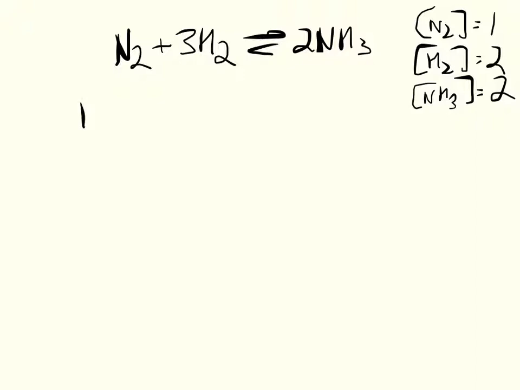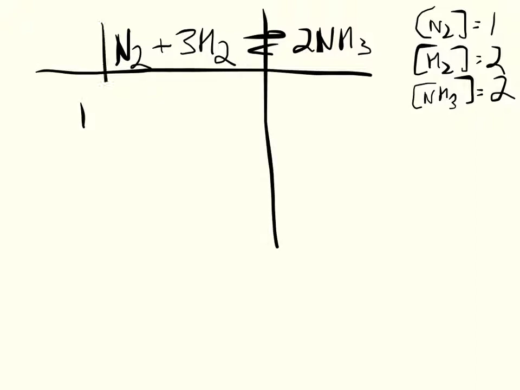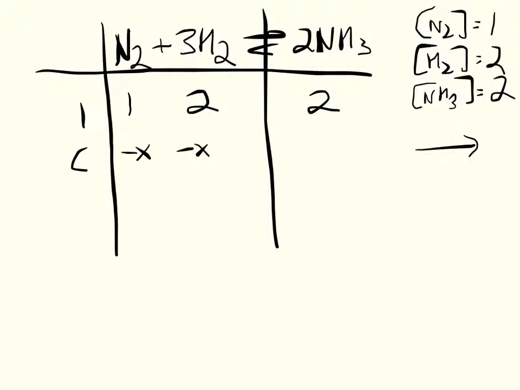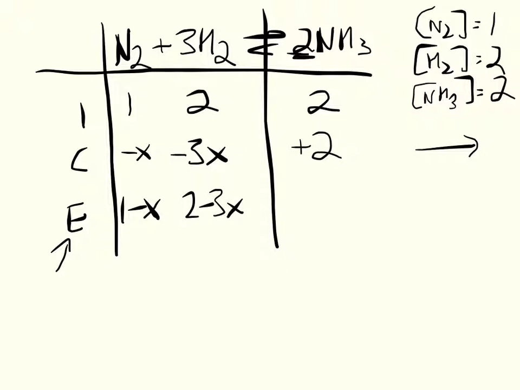We know the initial concentrations are 1, 2, and 2. How much are they going to change by? Well, we said since Q is less than K, it's going to shift to the right. So the amount of reactants is going to drop, and the amount of products is going to increase. Since the coefficient of 2 is up here, this needs to be a 2. And you hopefully could have checked my error here. This needs to be minus 3x. So the equilibrium concentrations would be 1 minus x, 2 minus 3x, and 2 plus 2x.